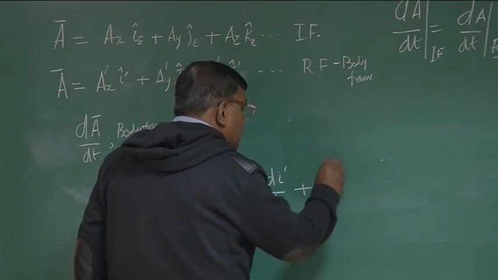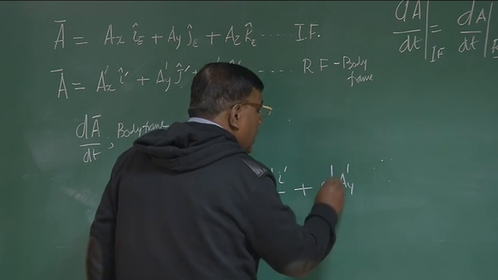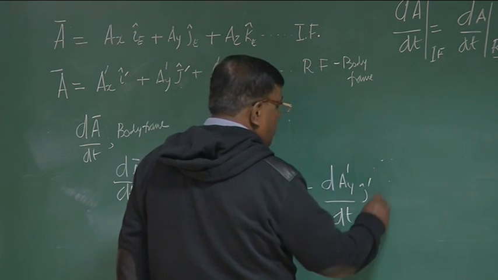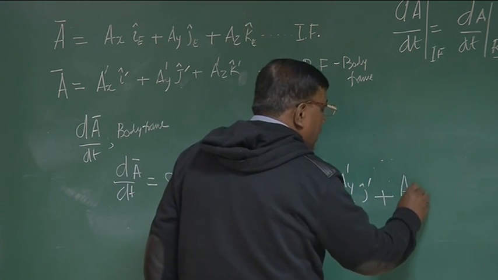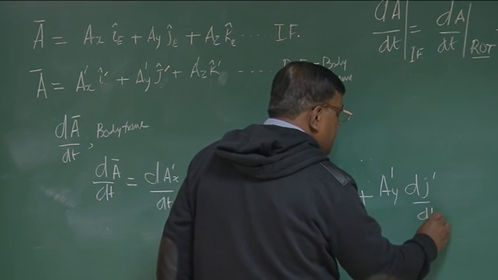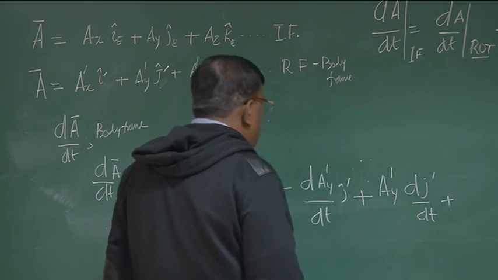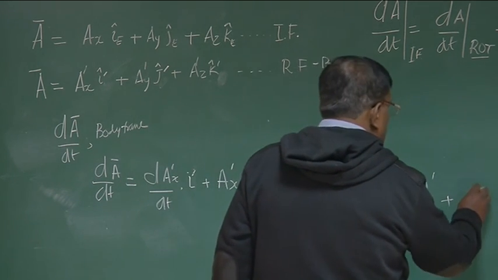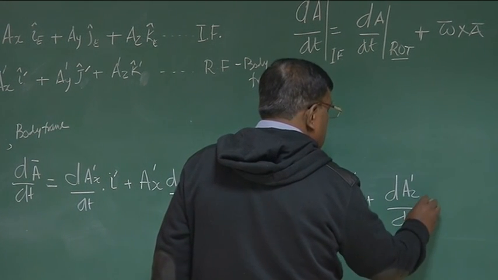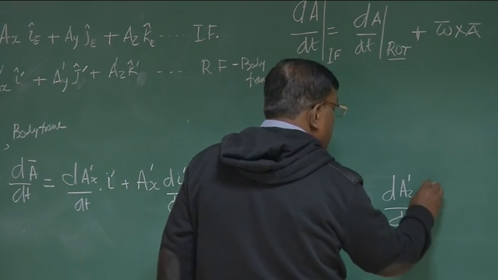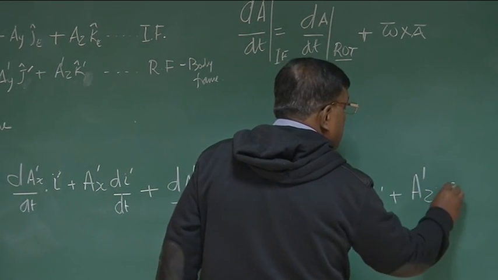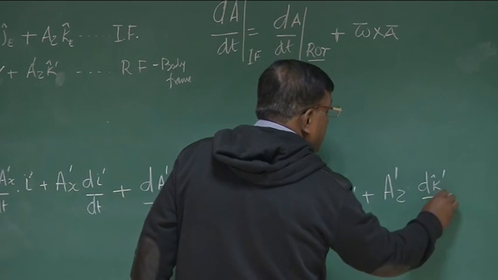Next will be dAy prime by dt into J prime plus Ay prime into dJ prime by dt. Similarly, the third term will be dAz prime by dt into K prime plus Az prime into dK prime by dt.